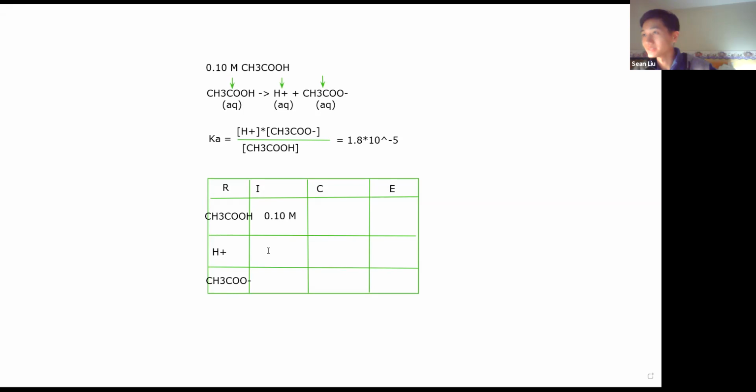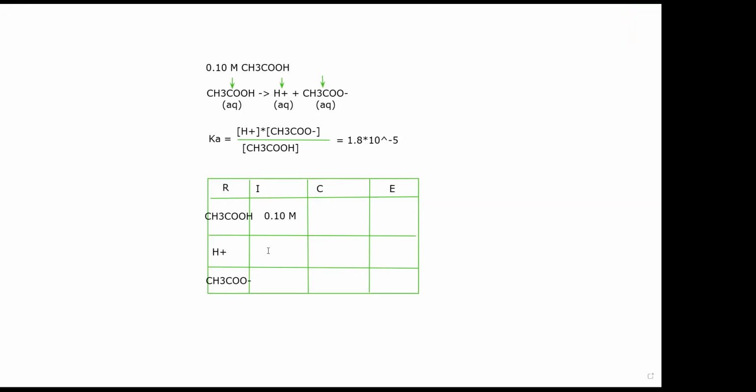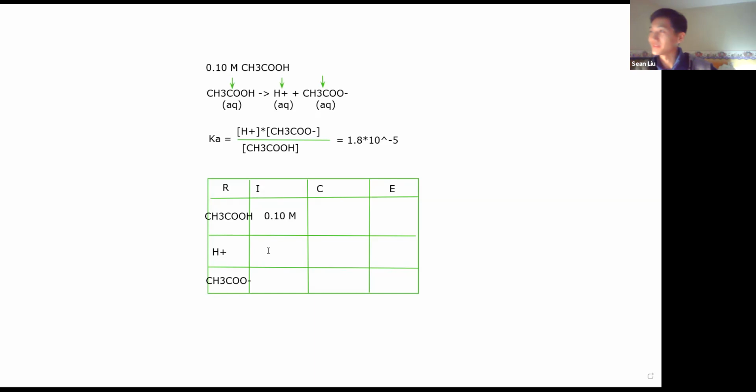It's not given in the problem, but you do know it. You would find the number of moles with the molarity of the initial compound. You're thinking about if they actually gave you the information.